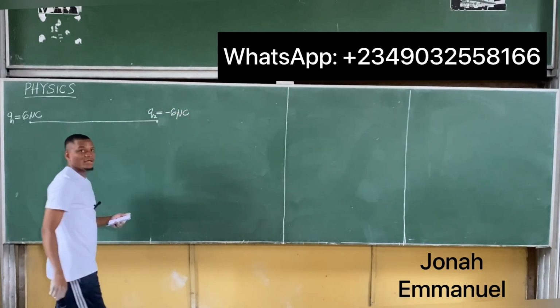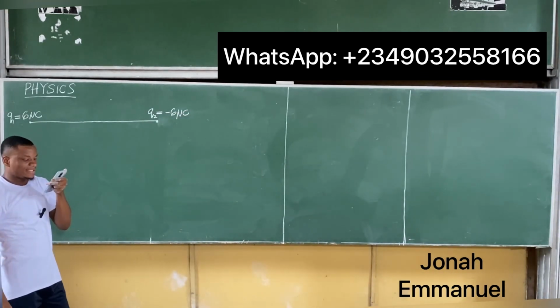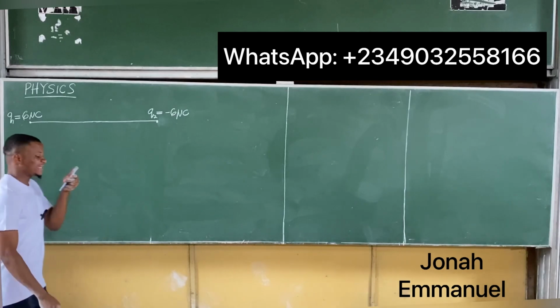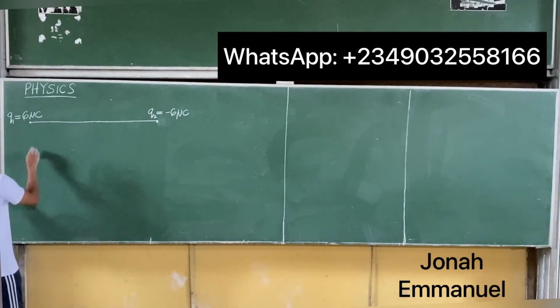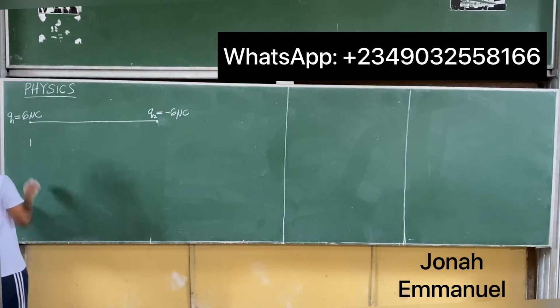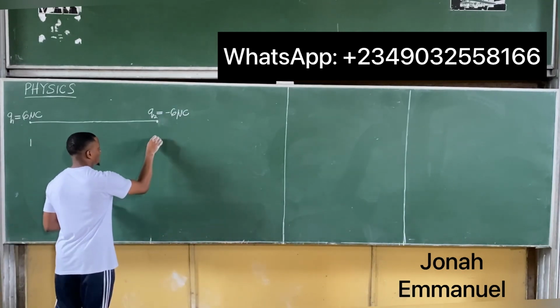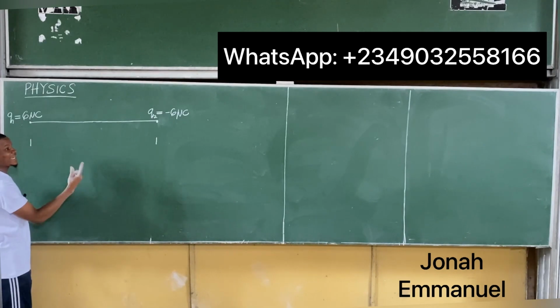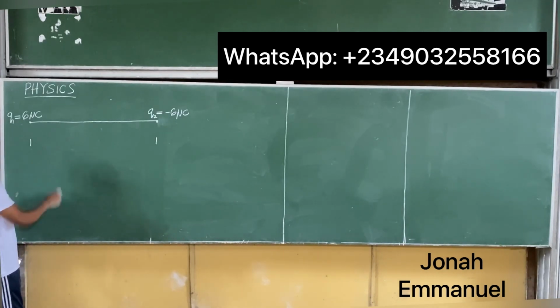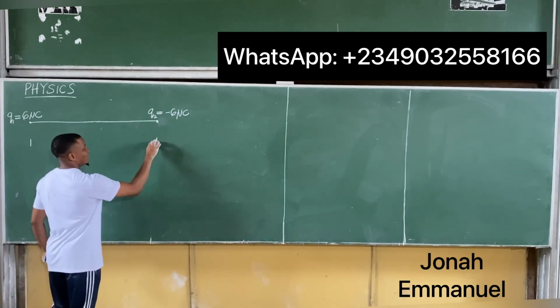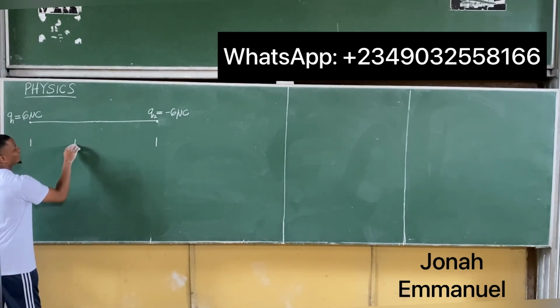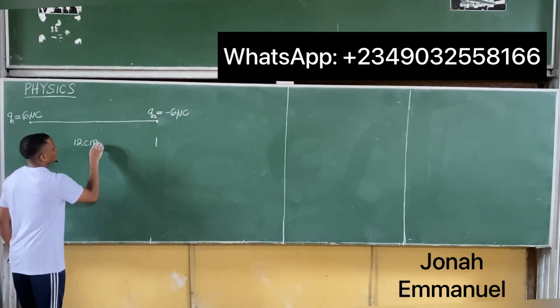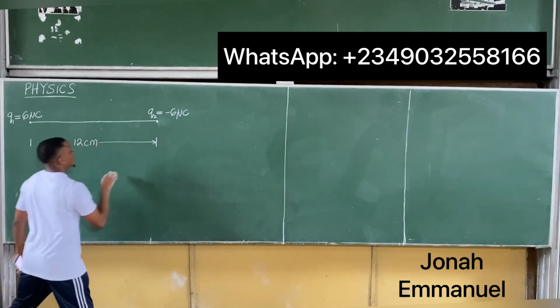So I have these 2 points. They said the distance of their separation is 12 cm. Now see where I'm drawing this. I am giving a space here because I expect something in between. From here to here is about 12 cm. So I have 12 cm distance of separation.